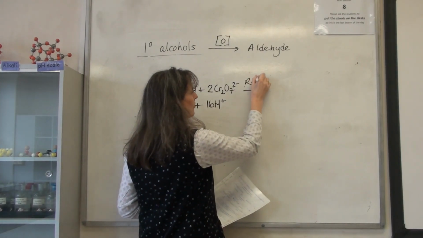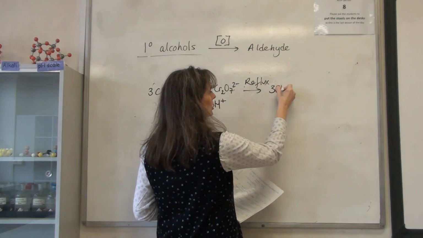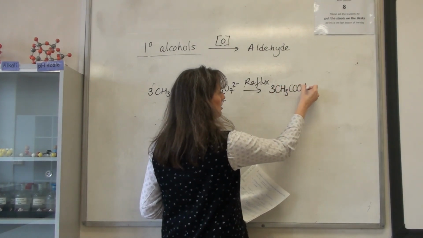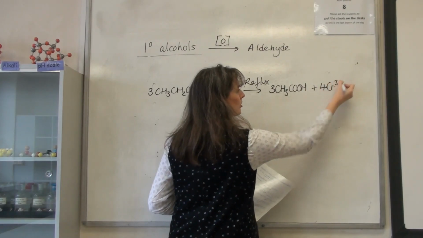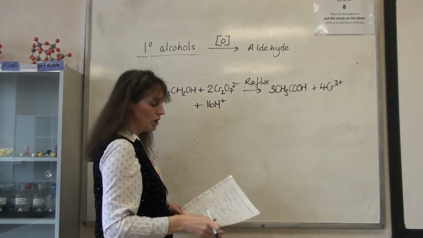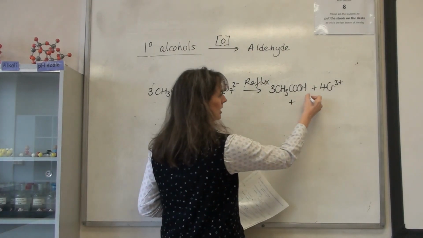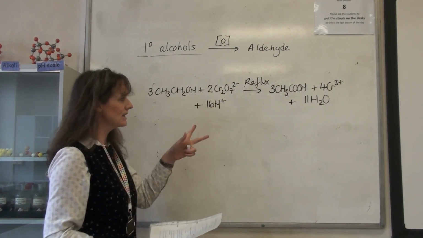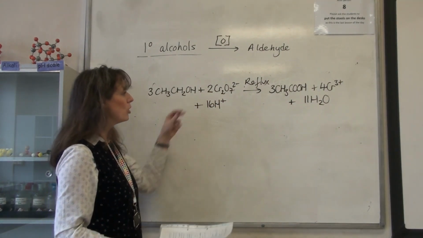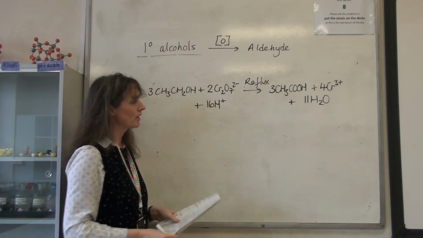If we reflux that, then we will get 3 lots of our carboxylic acid, 4 lots of our chromium 3+, identical product in terms of our chromium, and 11 lots of water.